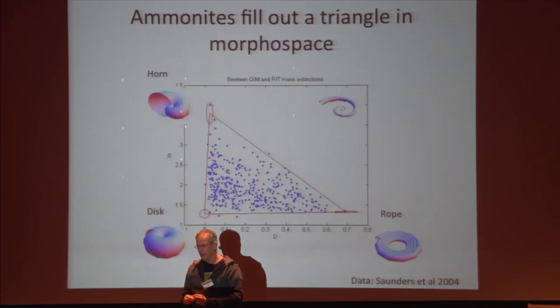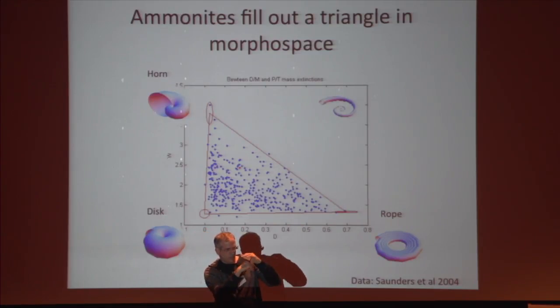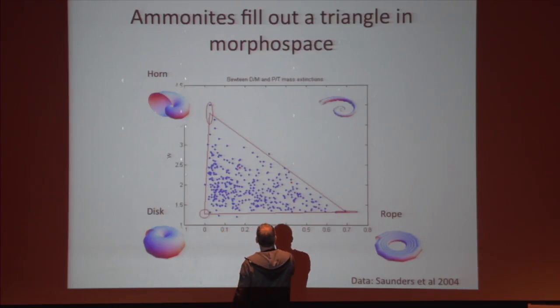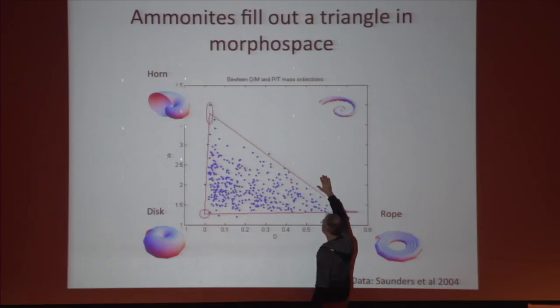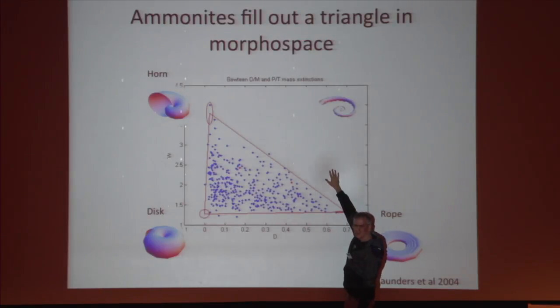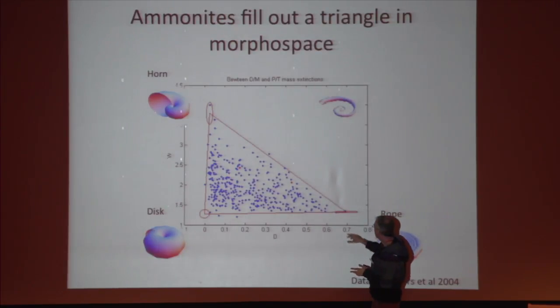And D is the ratio between the inner and outer logarithmic spirals, the opening. And you can see that half of morphospace is empty, this A region. It's certainly feasible. There are species that live there, open kind of things, but they're not Ammonites. And I drew here the archetypes that you can infer. They look like a rope, a disc, and a horn.